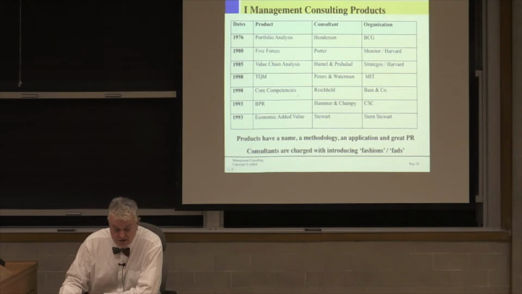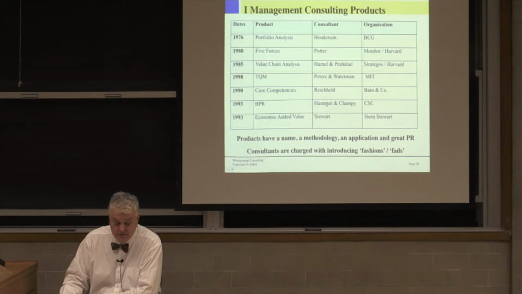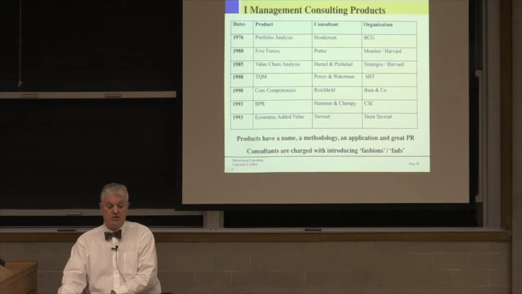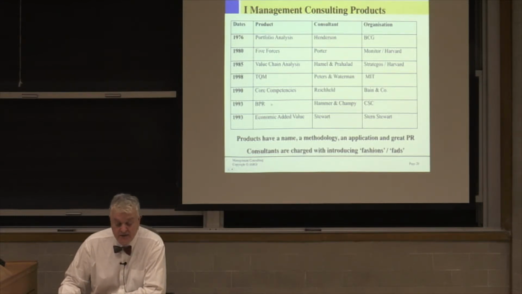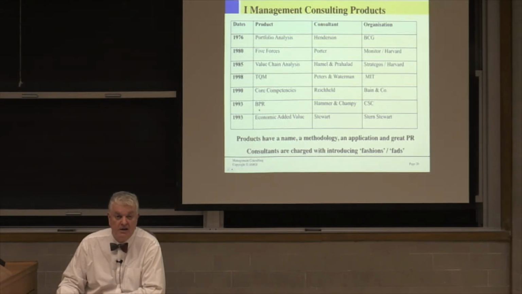And core competencies, Rangel, Bain and Company, and BPR, Hammer and Champy out of Computer Sciences Corporation. But look, these are the names. These individuals are sort of given the credit for developing these consulting trends and bodies of knowledge, etc.